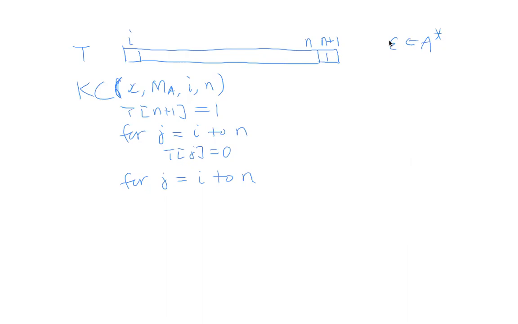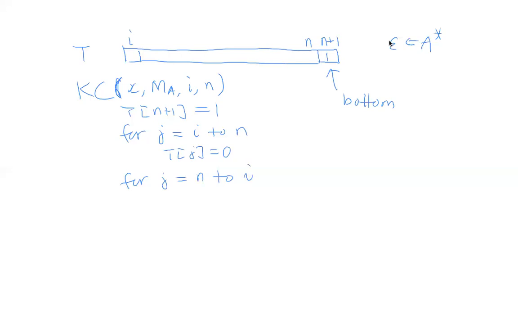So this is the bottom. That means my j will go from bottom up, that's n to i.